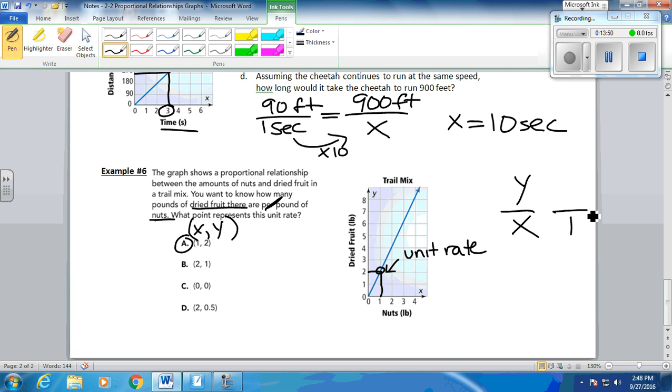So I have to go down to 1 on the x-axis, draw my line up until I hit the line that is graphed, and I go over and I see that the y coordinate will be 2. So it is not 2, 1 for the coordinates. You have to notice that when it's x, that 1 is x and 2 is y, so your coordinates will actually be 1, 2.